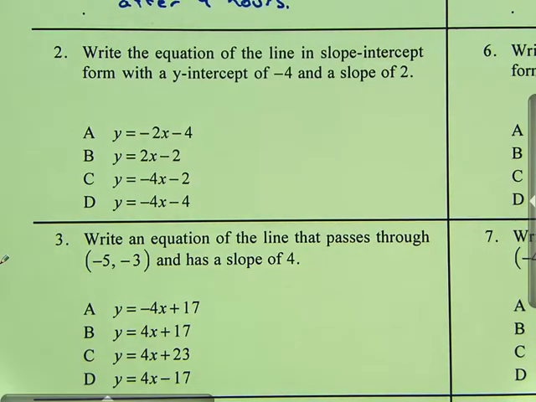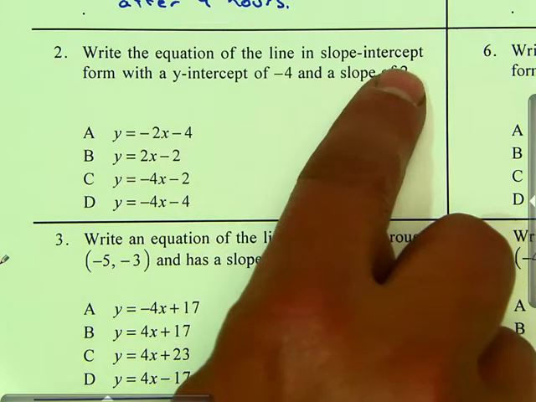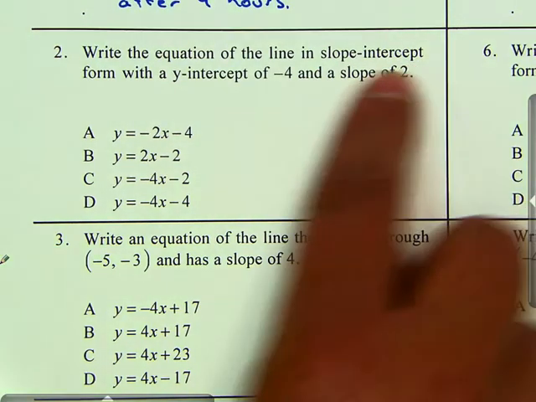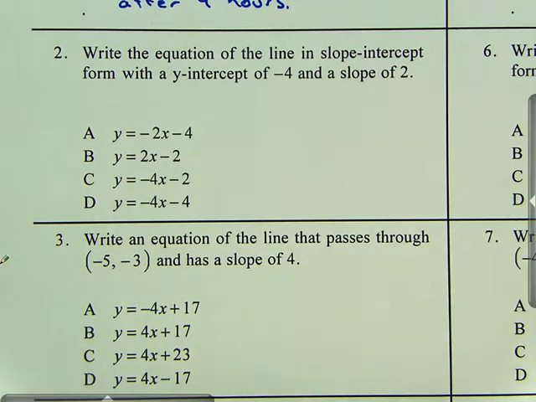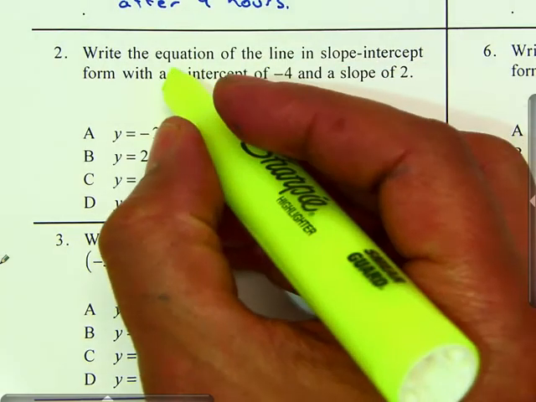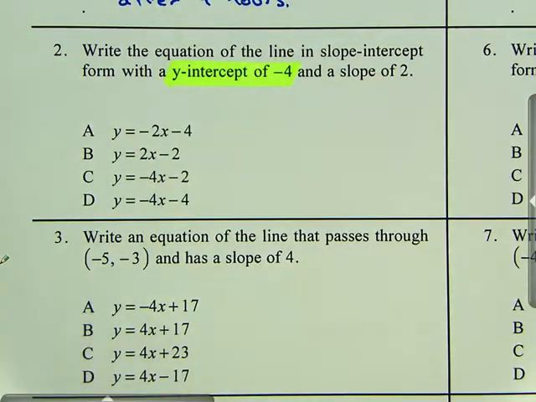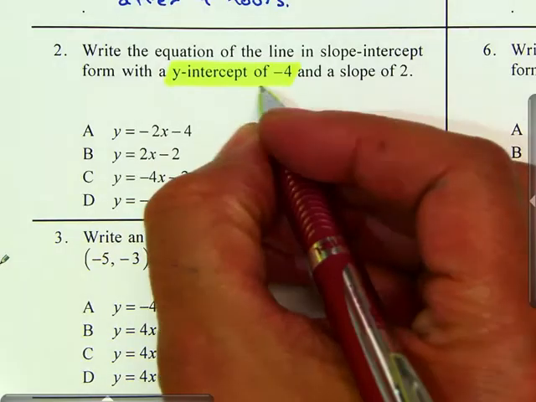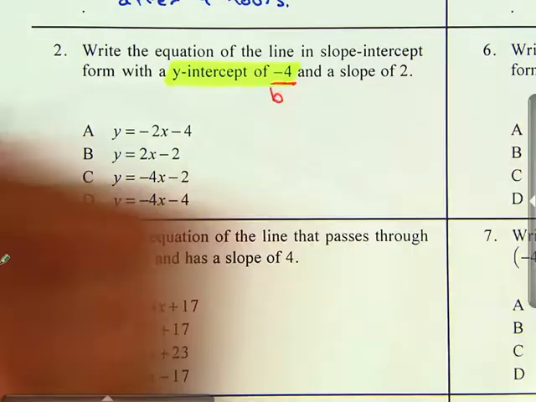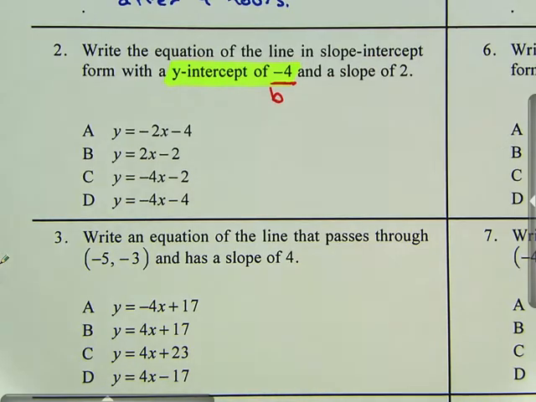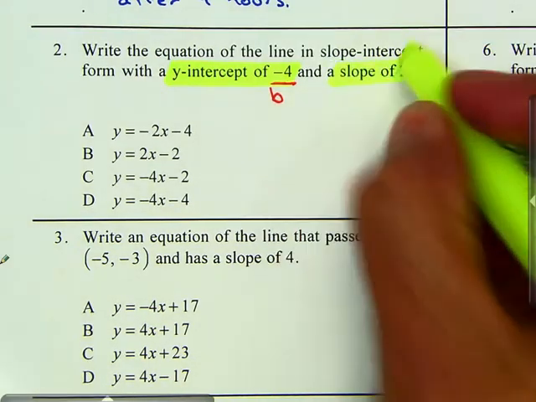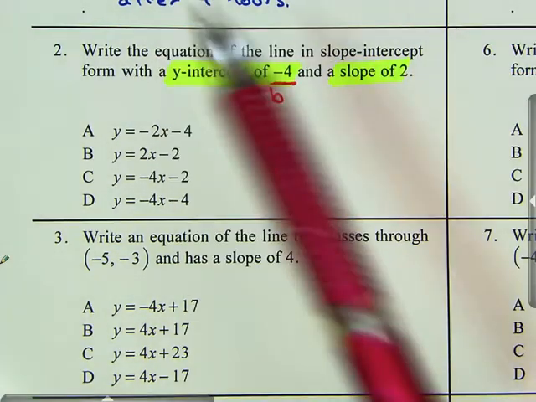Every time they give you, let's say, write the equation of the line in slope-intercept form with a y-intercept of -4. If they give you the y-intercept, you have to use the one with the b because your y-intercept is the b. And a slope of 2, that'll be your m.